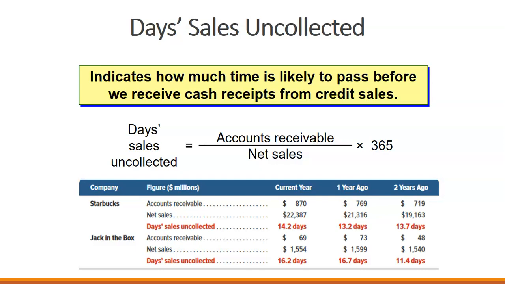So we can see here that Jack in the Box has increased from an average of 11 days to 16 days. It takes 5 extra days to collect cash on their accounts receivable than it did 2 years ago. That could cause cash flow issues for Jack in the Box because that means that their customers aren't paying as fast as they were.